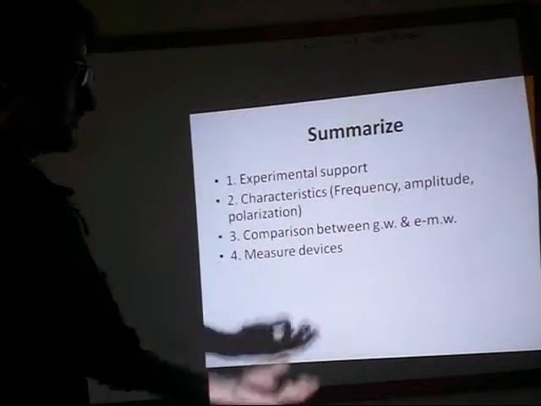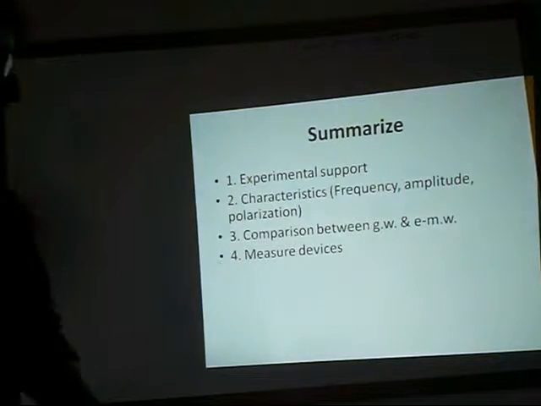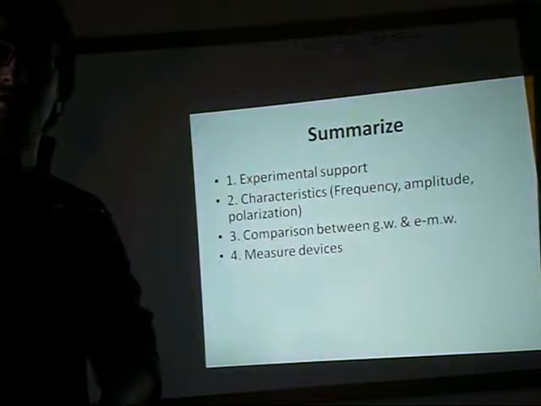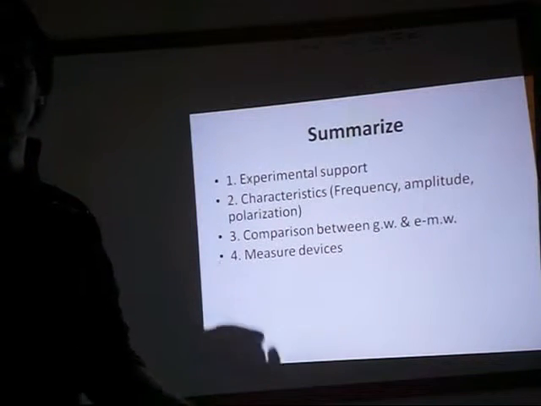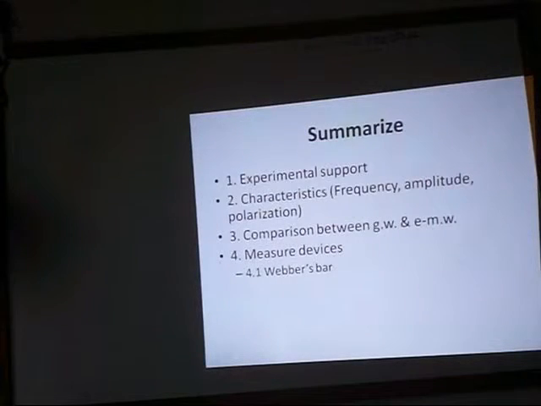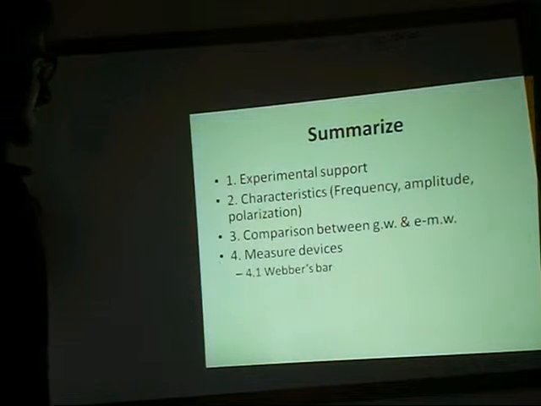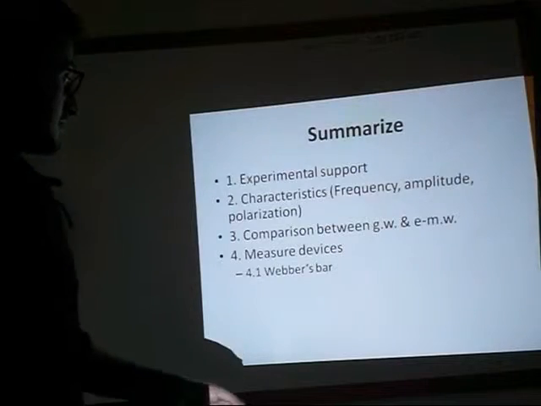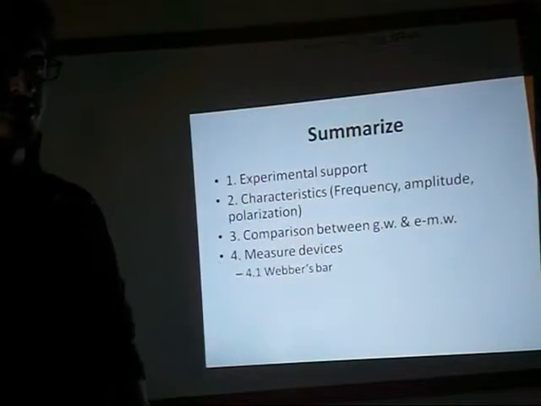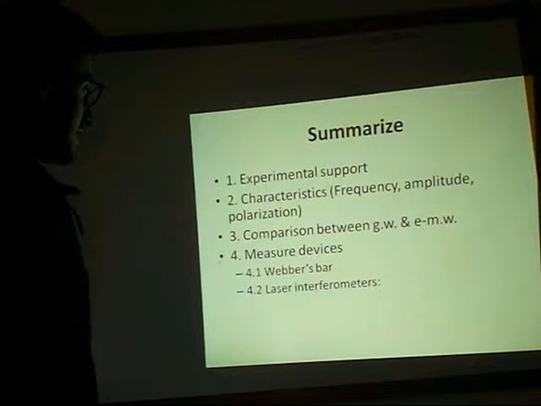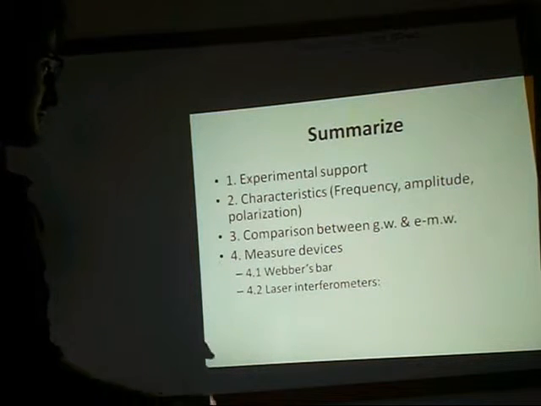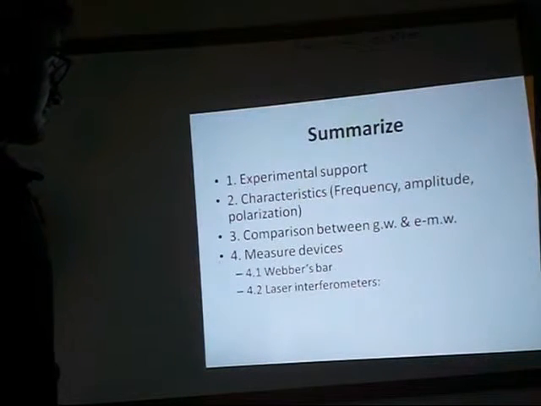Later I will explain the devices that help us to detect gravitational waves. I will explain some types, but principally Weber's bar, which is the oldest, the first type of these devices.